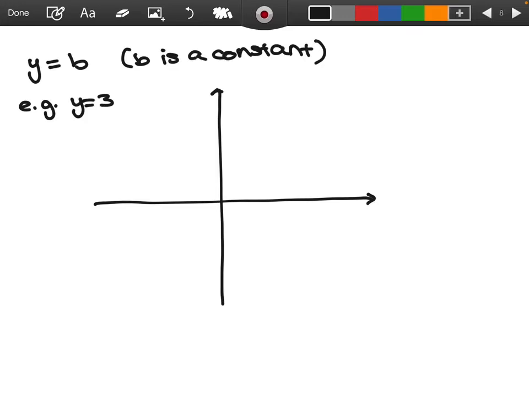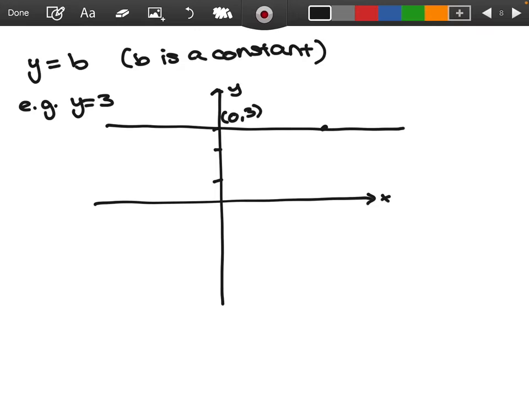That means that our line, let me do a couple points here. Our line must go through 0, 3. Okay, it must go through 0, 3 on the y-axis. Now, I can pick any point on that line. Let's say I pick this point here. Okay? Doesn't matter what the x-coordinate is.